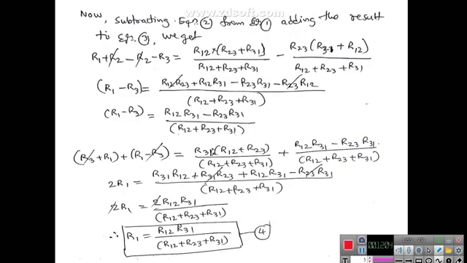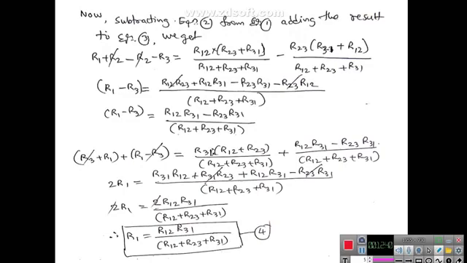Here you are left with 2R1 on the left, and on the right R31 R12, R31 R23, R12 R31 minus R23 R31, divided by R12 plus R23 plus R31. In the numerator, the R31 R23 and R23 R31 get cancelled. You are left with this term, R31 R12, R31 R12.